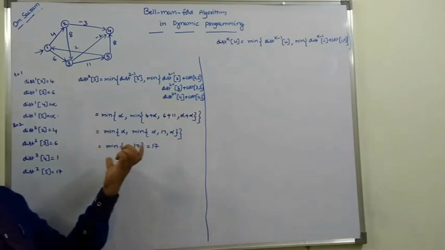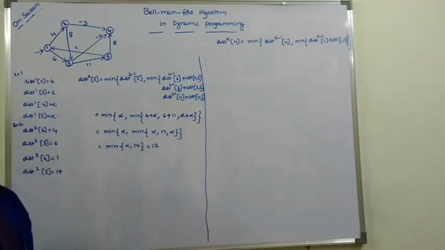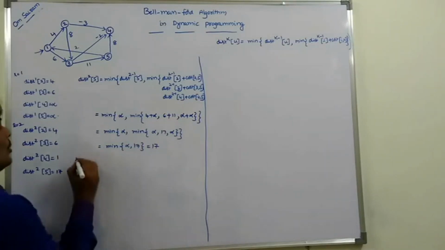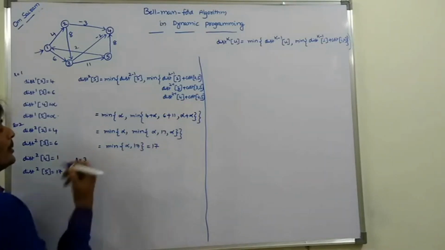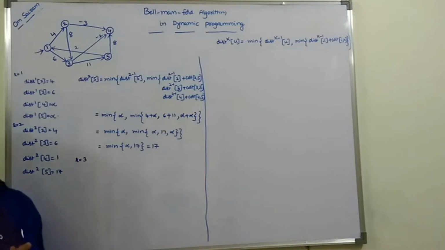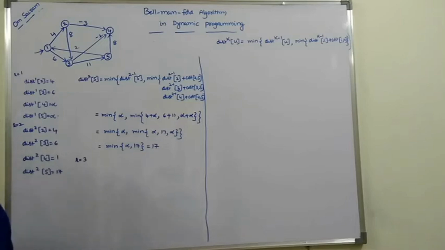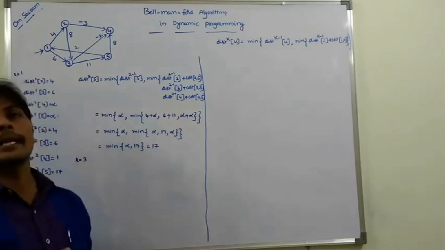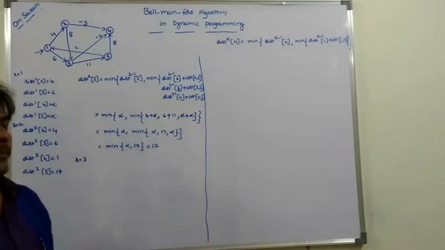So all the vertices are completed with L equal to 3. Now L is equal to 3, which means we have to find the shortest path from source vertex B to destination vertex U by considering 3 edges.